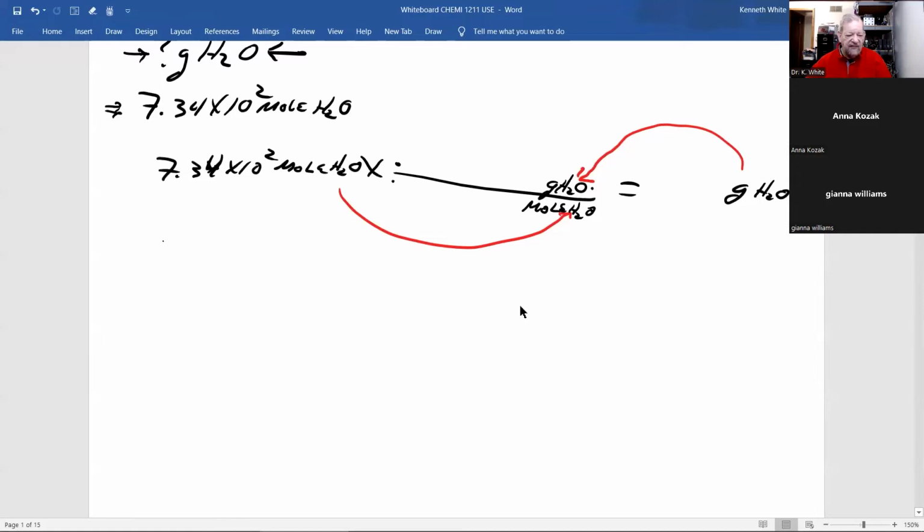So we now have to figure out the molecular weight. And for water, there's 2 hydrogens and 1 oxygen. And each hydrogen, as we just saw, has this atomic weight. Each oxygen, which there's only 1, has this. Now, we'll do the math.